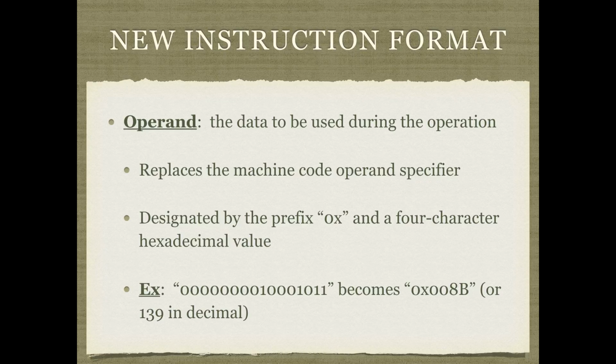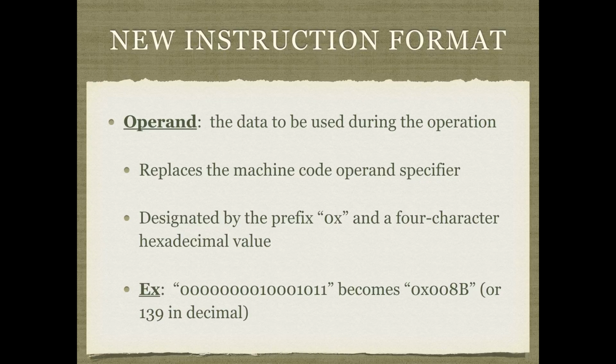I know that's kind of hard to read with this text, but that is a 0, not an O. So it's 0x and then a hexadecimal value. In this situation, we have this big long stream of ones and zeros, and it breaks down to 0x008B. So for those of you living in the decimal world, that is the number 139.